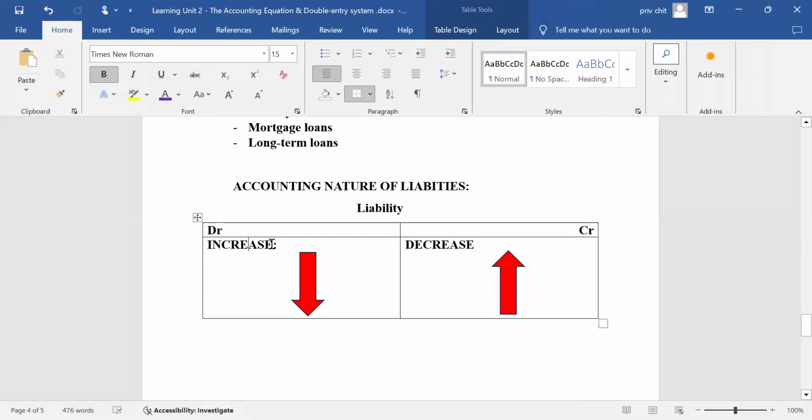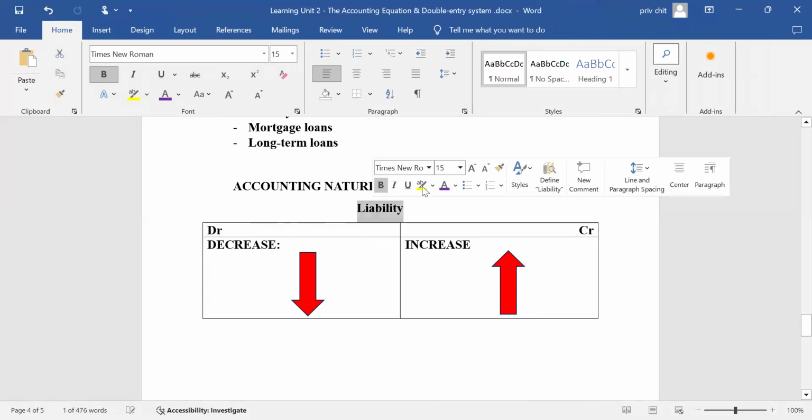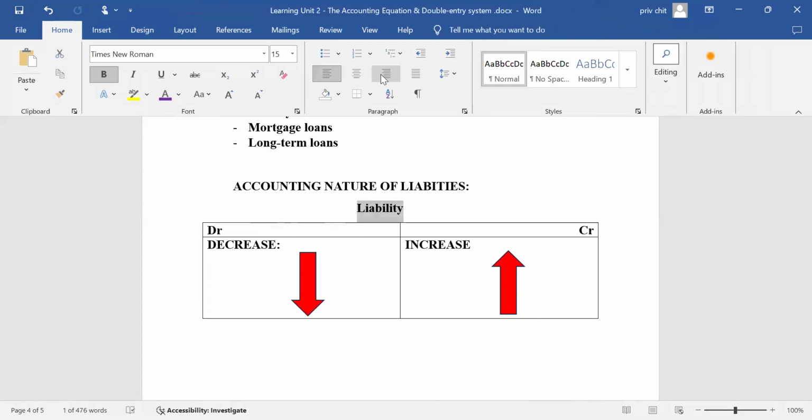So liabilities by nature, they decrease on the debit side and they would increase on the credit side. Do you observe what is happening there, Matugu? Yes. Right, very important. Take note of that. Now, so what happens with liabilities?